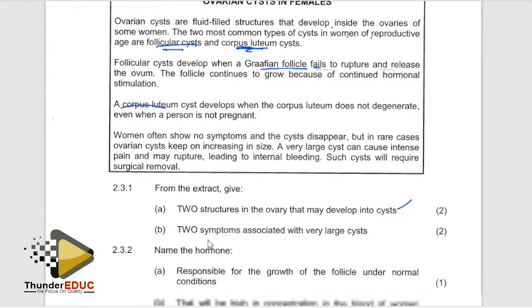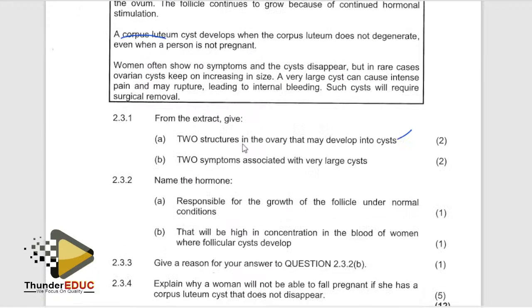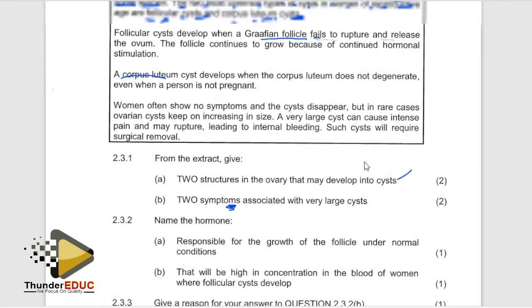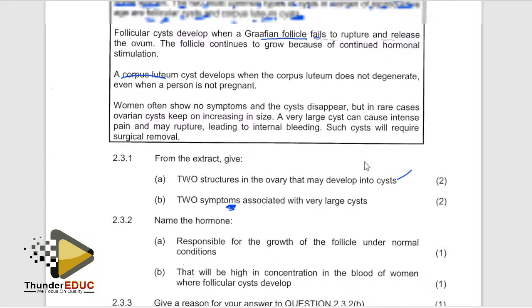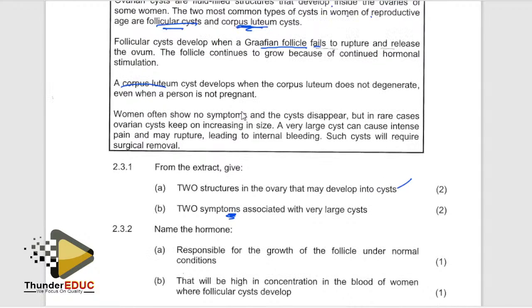State or give 2 symptoms, not signs, associated with a very large cyst. Here, what are you supposed to talk about? A very large cyst causes intense pain and may rupture.